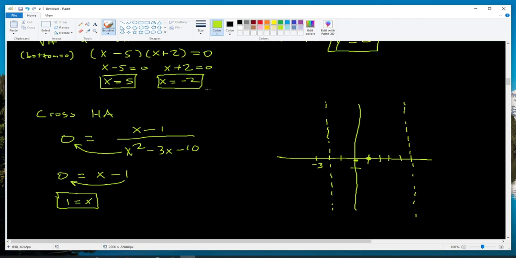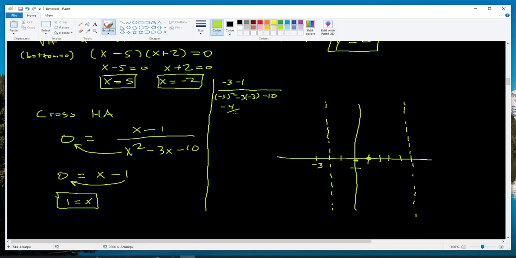So if I put -3 in for this, I'll just do the scratch work. I'm going to create a little region here for scratch work. We'll have -3 minus 1 over -3 squared minus 3 times -3 minus 10. -3 minus 1 is -4 over, let's see here, that's 9 plus 9, which is 18.